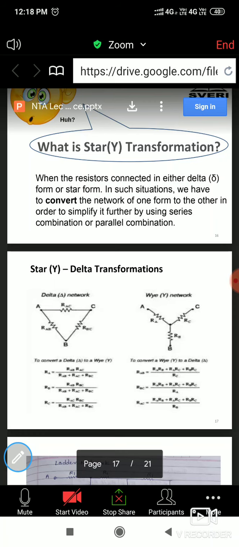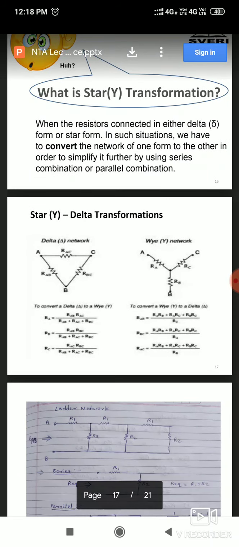So star delta transformation, this concept you may have learned in BEE or BEEE, whatever the subject you learned in the first year. Star is also called Y. Star is also known as Y, and the transformation is also known as Y delta transformation or star delta transformation.